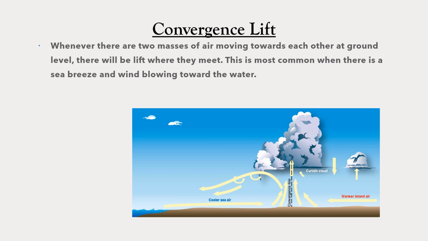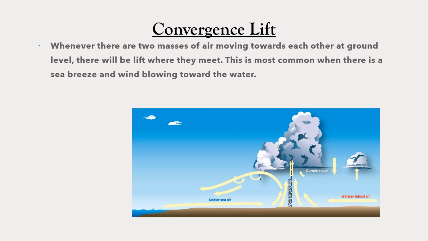The most common situation that will lead to convergence is a sea breeze situation where there's cool water and warm inland land. The air tends to cycle along the beach and move inland from over the lake or the ocean toward the land.